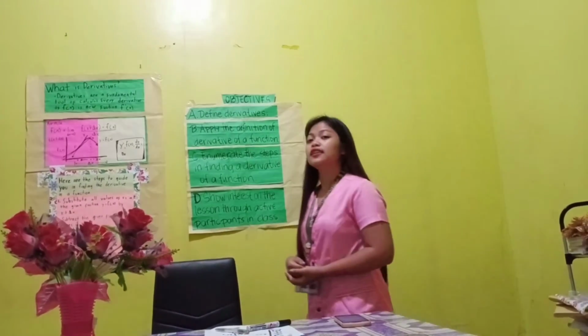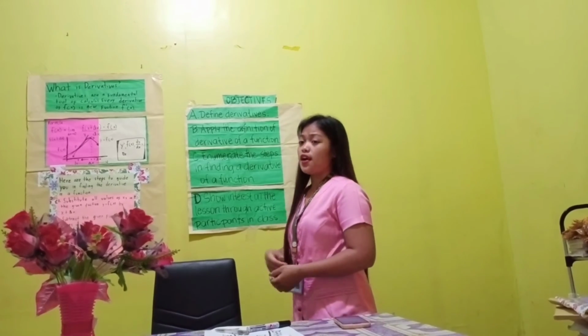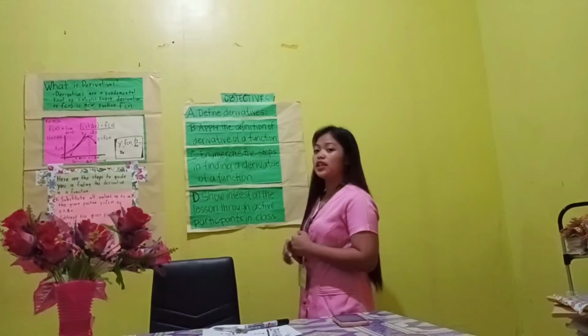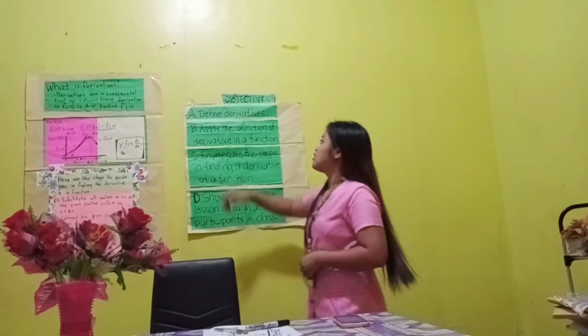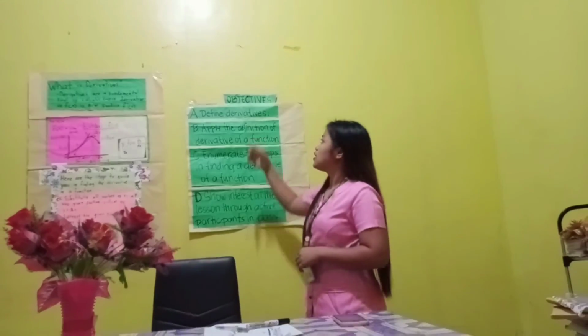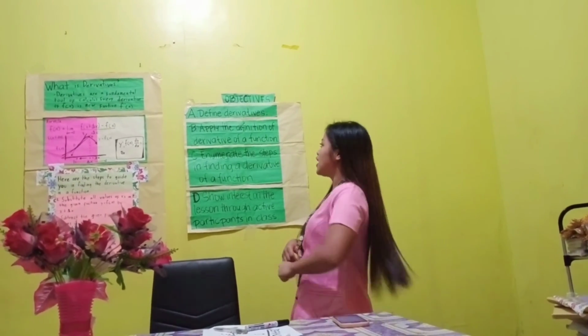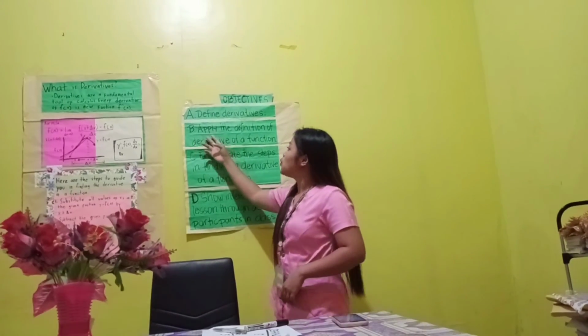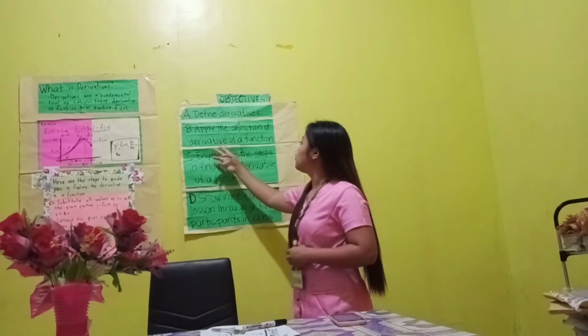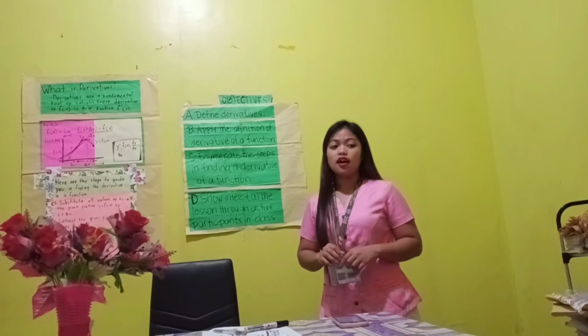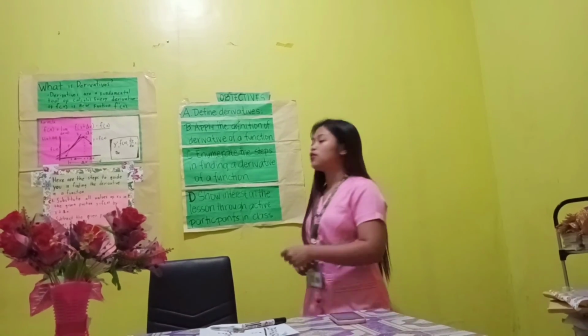Okay, none. And now, did we meet our objectives? Okay, let's read our objectives. Define derivatives. Did we define derivatives? Correct. Okay. Number 2, apply the definition of the derivative of a function. Did we apply the definition of derivatives? Okay, correct.